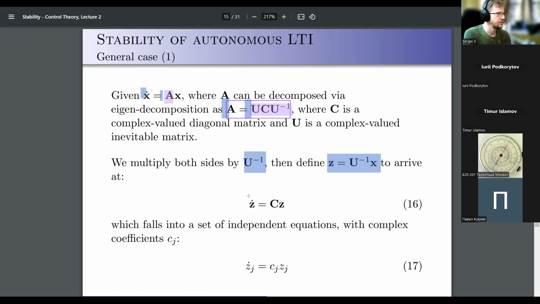What we'll get is z dot equals Cz, same as before. The steps are literally exactly the same. The only difference now is that previously we dealt with real numbers. Now z and C are complex numbers.